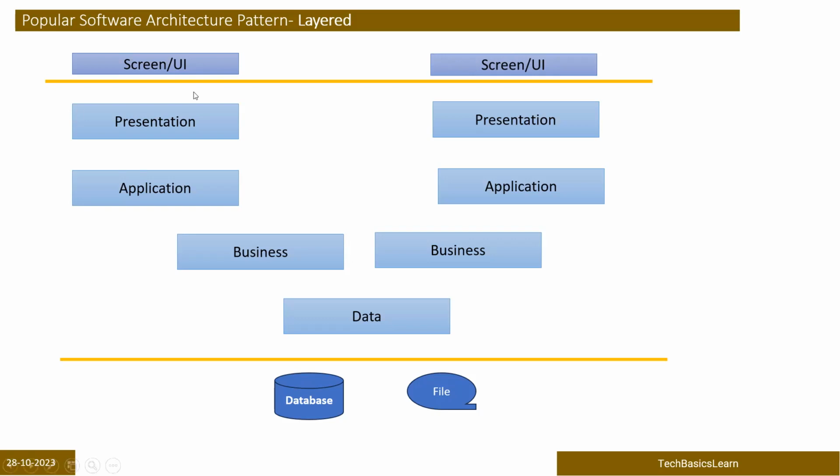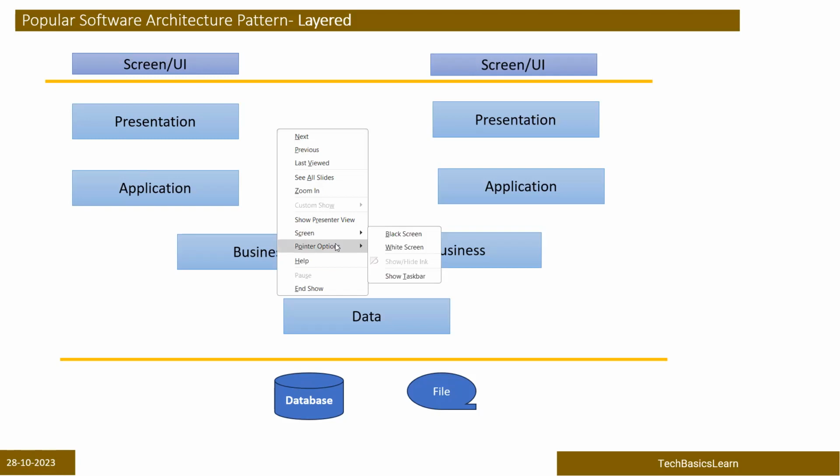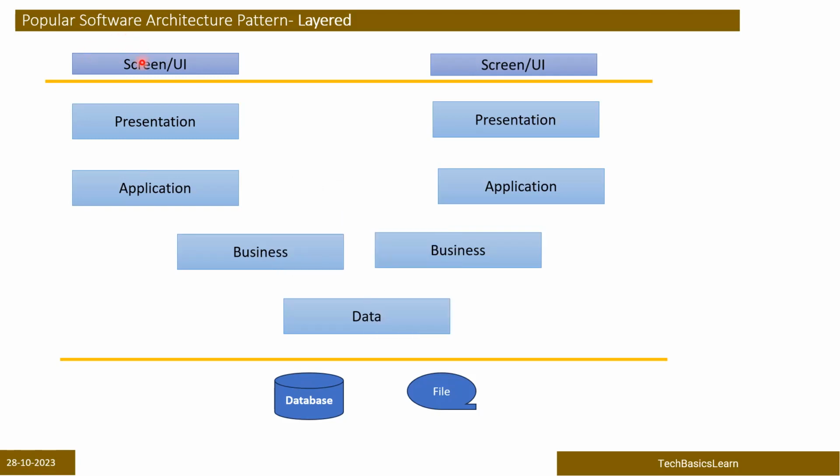Let me use this laser pointer, it will be easy. The screen takes the guardian details, because the presentation layer by that time is taking the guardian details as an input and passing it on to the customer application. That customer application goes to the business layer application, which does the validation of the guardian.